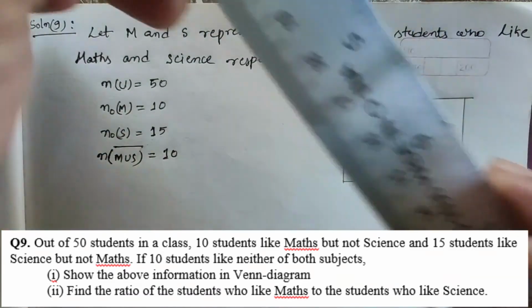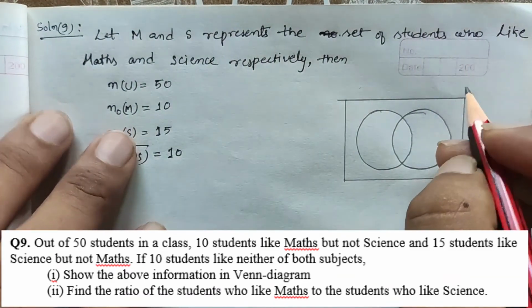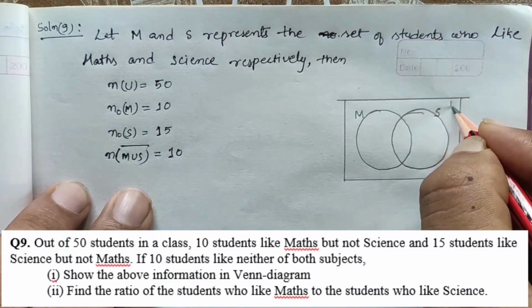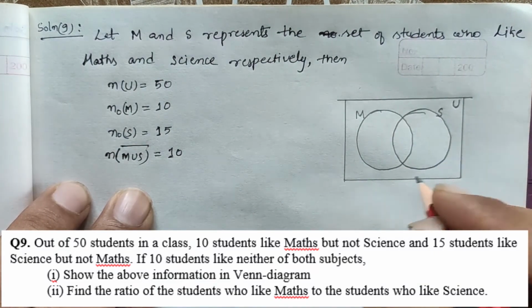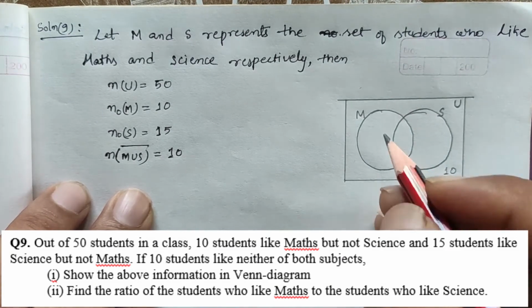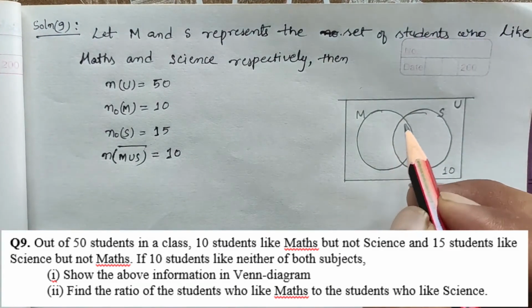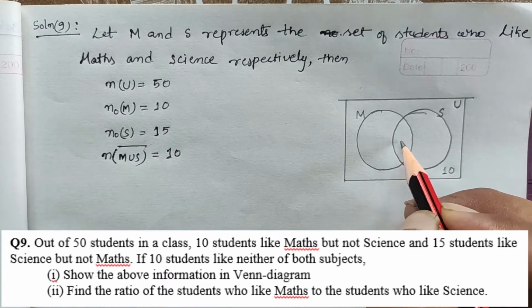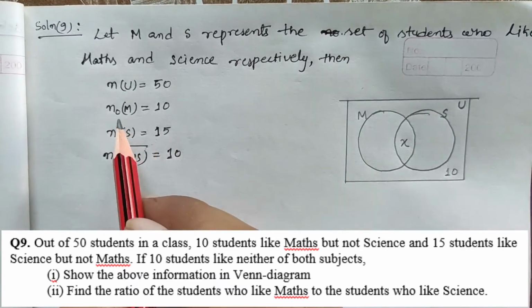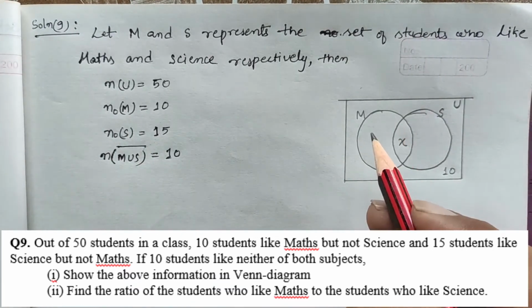Yeah, so this is your Venn diagram, and here M is mathematics, S is science. This is universal set U, and the complement is 10. The intersection is not given, so we have to write it as X.